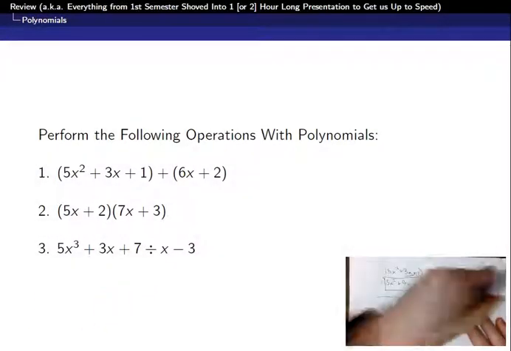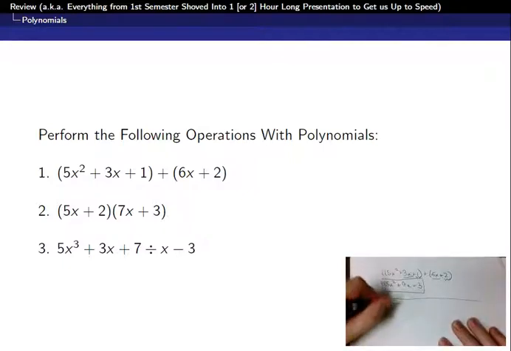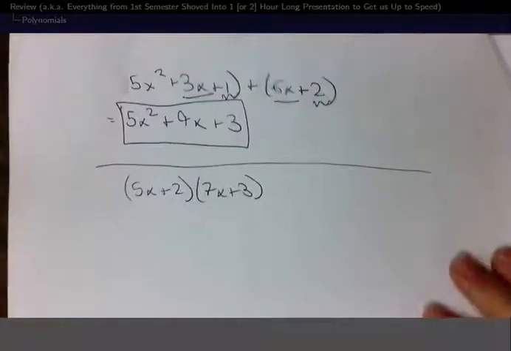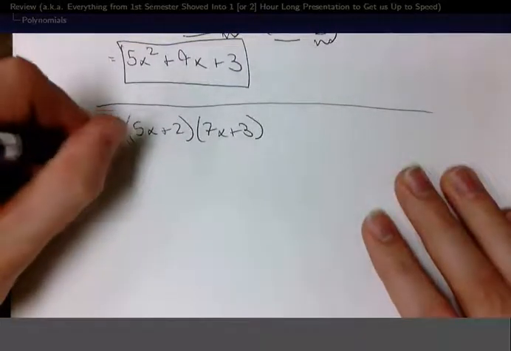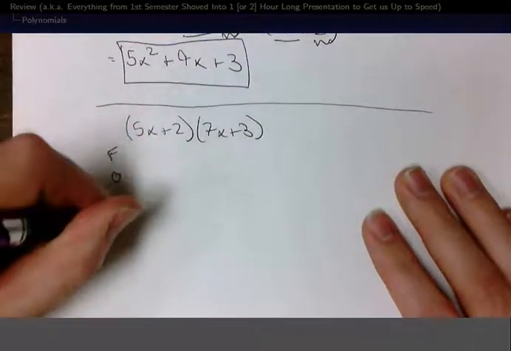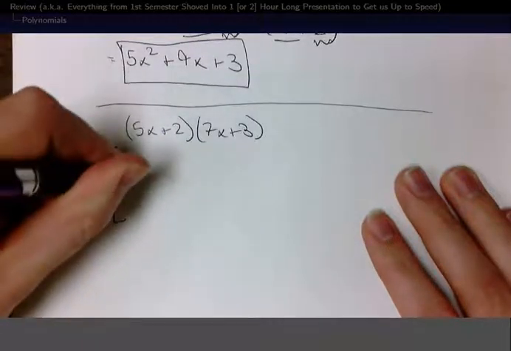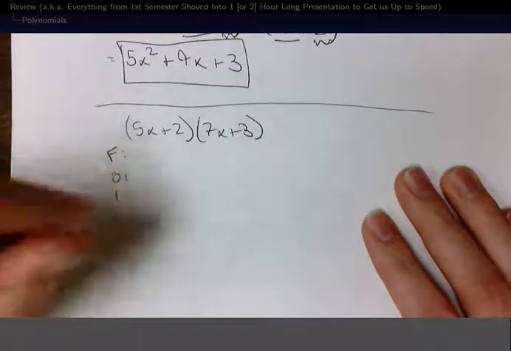Multiplying two polynomials. So here we have 5x plus 2. Then we have 7x plus 3. So in this case, we have two binomials, so we can use the FOIL method. Again, the FOIL method stands for first, outside, inside, last.